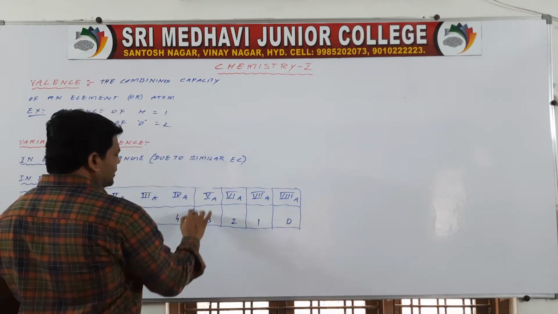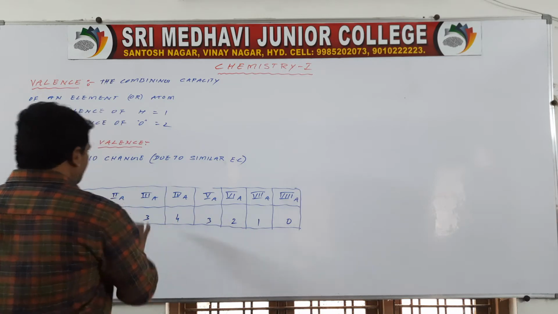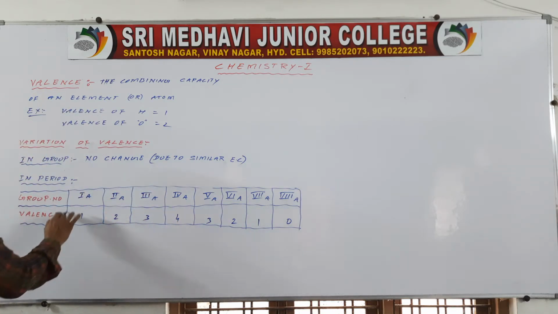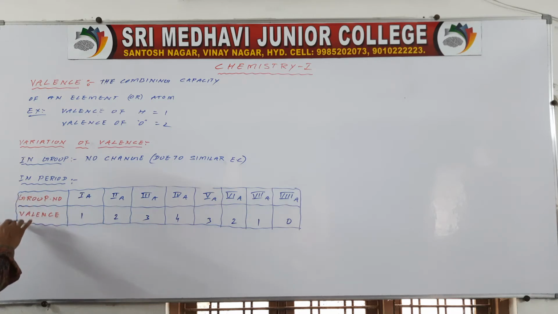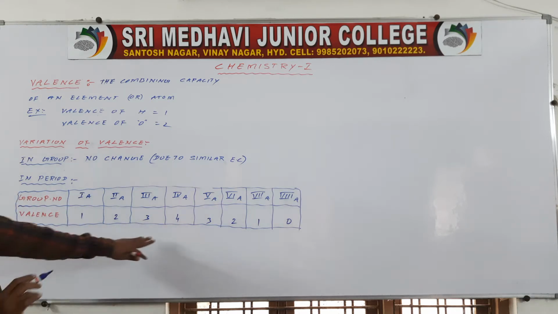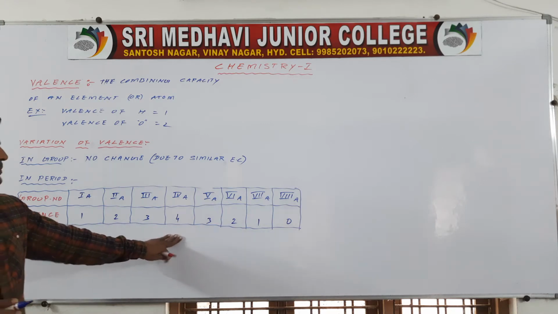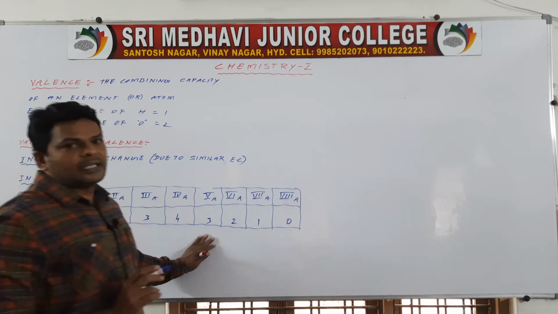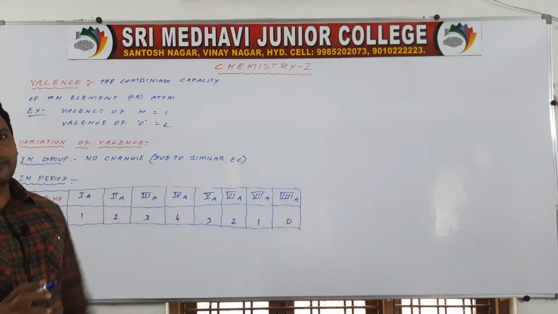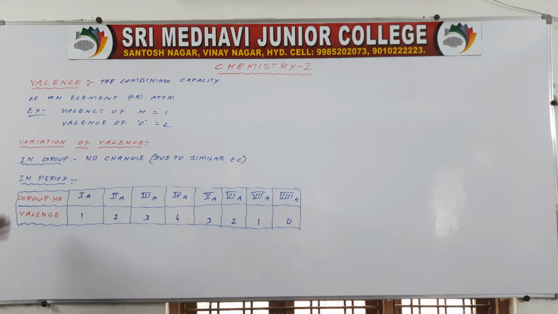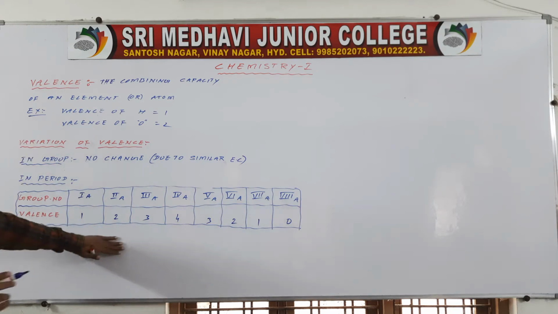Because of the ns2 np6 electronic configuration, the inert gas combining capacity is 0, so its valency is 0. Up to the fourth group, valency is equal to group number. Next, valency is equal to 8 minus group number.